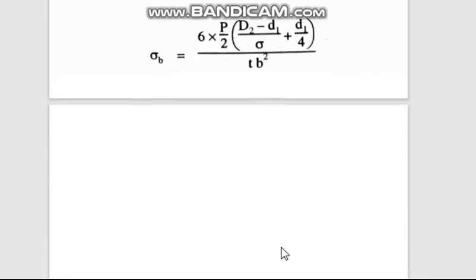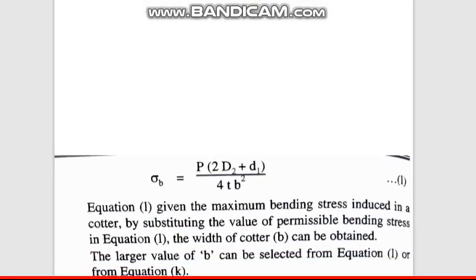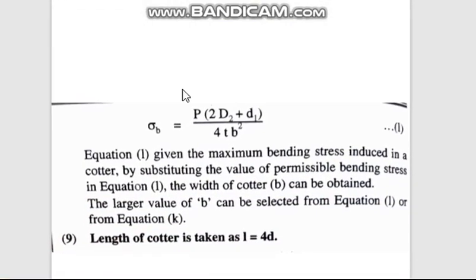And then finally you will write the equation like this: bending stress sigma b is equal to P into 2 capital D2 plus D1 by 4 over TB square after simplification. So this equation gives the maximum bending stress induced in a cotter.